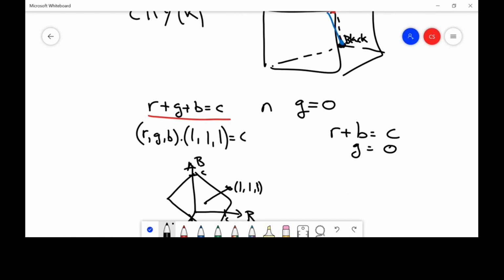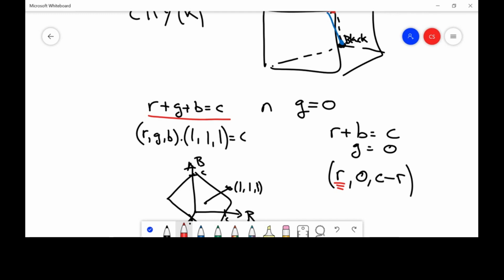So it is all the points such that red is whatever, green is 0, and then the blue is C minus R. How many free parameters do you have here? Just one, the R. We have R as a free parameter, something that I can change. And then, since I have only 1 degree of freedom, what I have is a line.